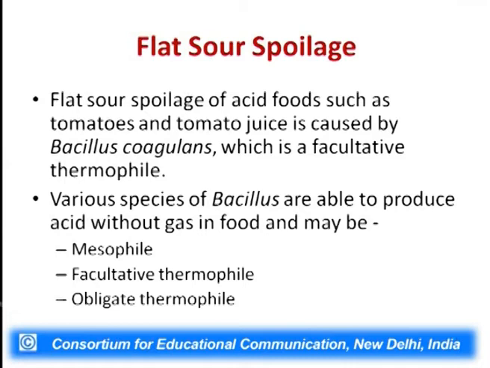If a thermophile is a facultative thermophile, then it can grow at the temperatures of mesophilic ranges also and cause spoilage. Various species of Bacillus are able to produce acid without gas in food, and these may be mesophilic, facultative thermophiles or obligate thermophiles.